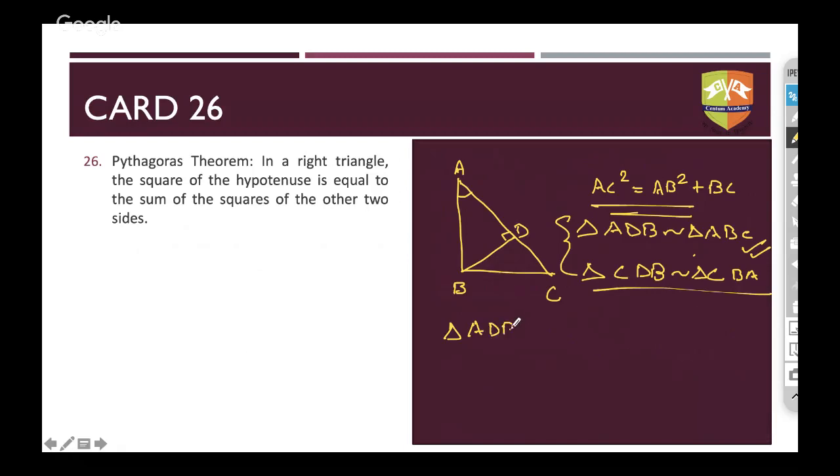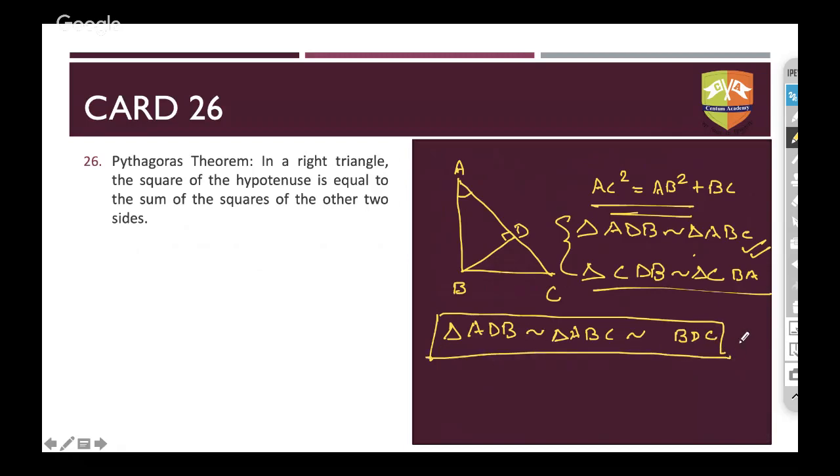So ADB is similar to triangle ABC is similar to triangle what? C remains at C's position, B goes to D and becomes BDC. So you can do that directly. You don't need to prove them again.